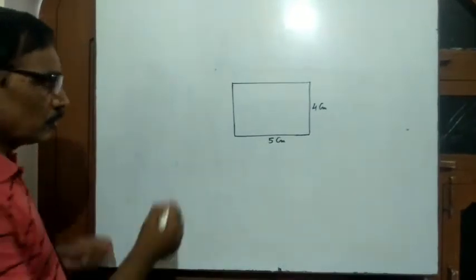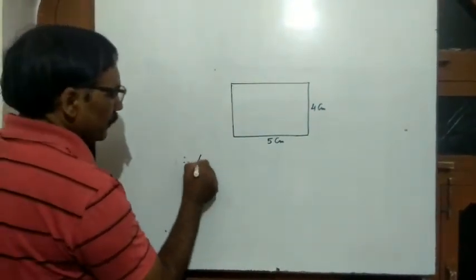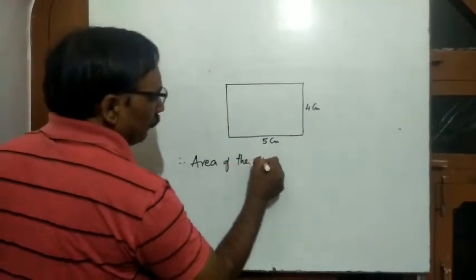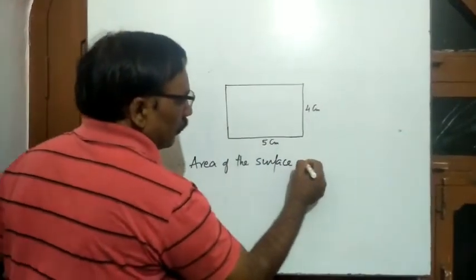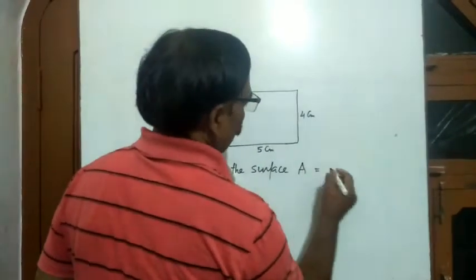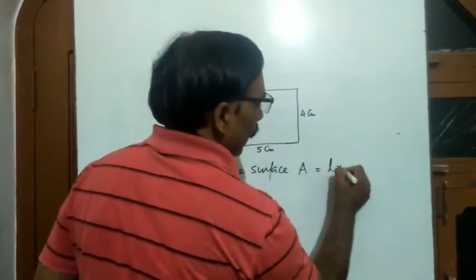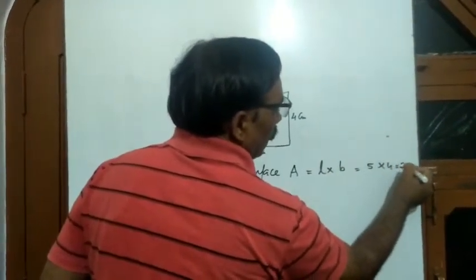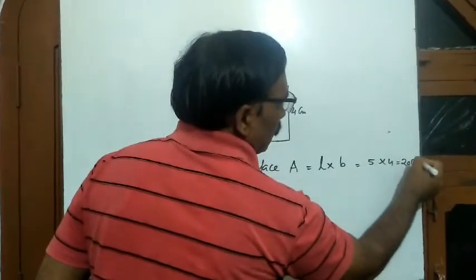Clear? Therefore, the area of the surface A is equal to length into breadth, L into B, that is 5 into 4 is equal to 20 square centimeter.